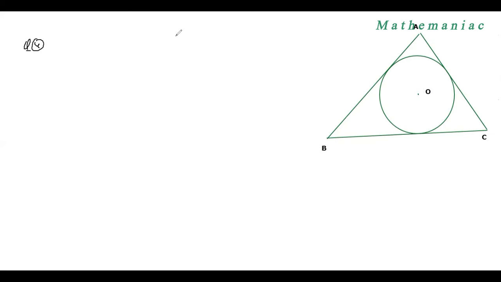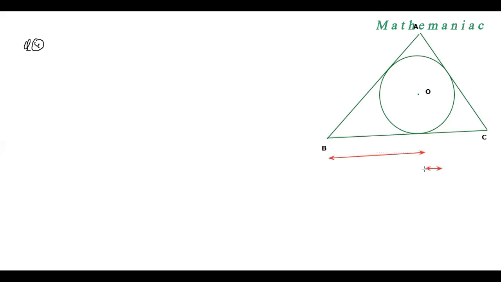Now, what they have given you, try to see. In the question, it is given that a circle is inscribed in a triangle, or you can say a triangle is circumscribing a circle. The radius of the circle is given, that is 4 centimeter, and side BC has been divided into 2 parts. They have given you the measurement of those 2 parts. Up to here there is one measurement, and up to here there is another.